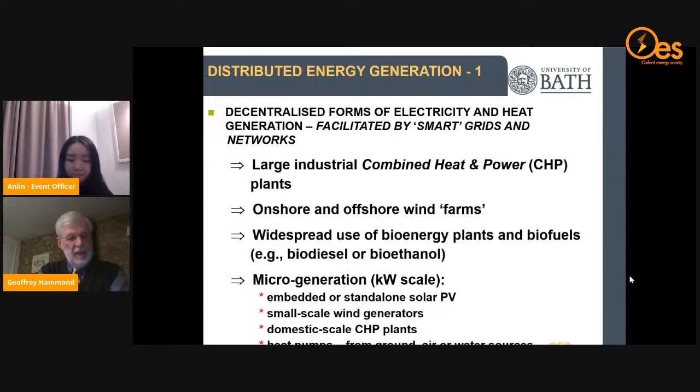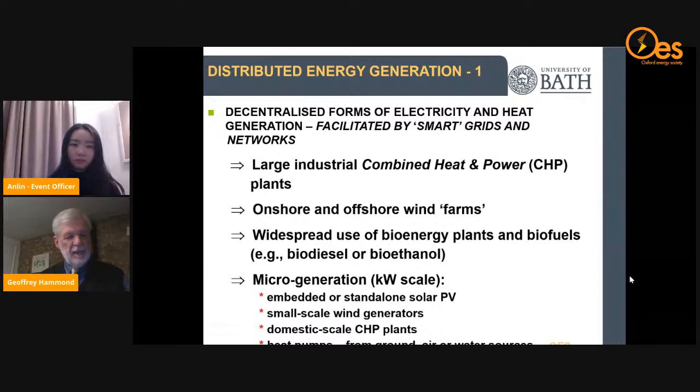One of the pathways, the Thousand Flowers, had a significant amount of what we call distributed generation. About 50% of the power generation, it was assumed under Thousand Flowers by the time we got to 2050, would be from decentralized sources. So what are they? Decentralized forms of electricity and heat generation would include things like industrial scale combined heat and power plants, onshore and offshore wind farms, greater use of bioenergy plants and biofuel plants, but could also include so-called microgeneration.